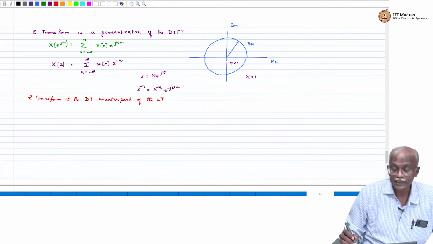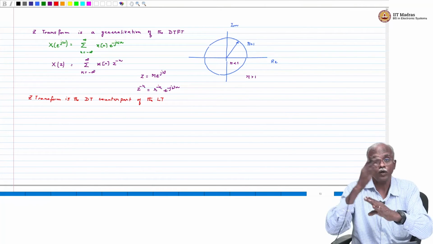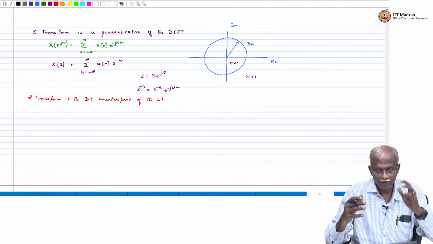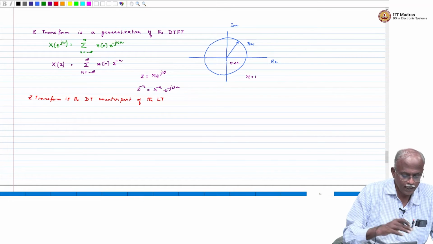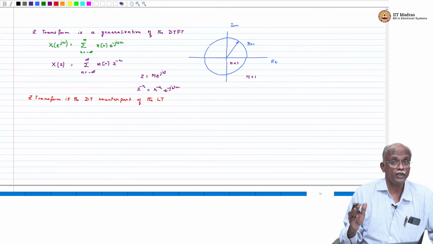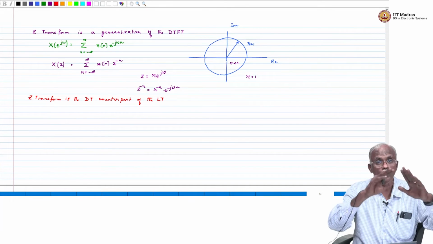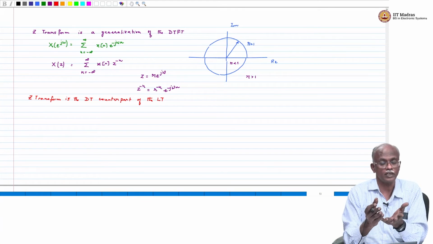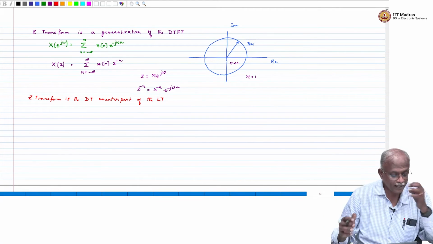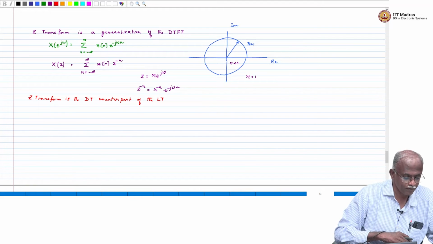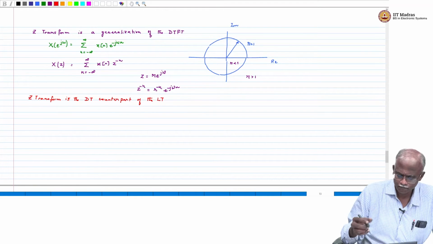Just like the discrete time Fourier transform is a discrete time counterpart of the Fourier transform, you have the corresponding Z transform relationships also. Again, this is a very powerful transform because now you are saying I do not have to limit myself to the unit circle. I can look at the transform anywhere in the complex plane and we will be able to get the benefit of that.